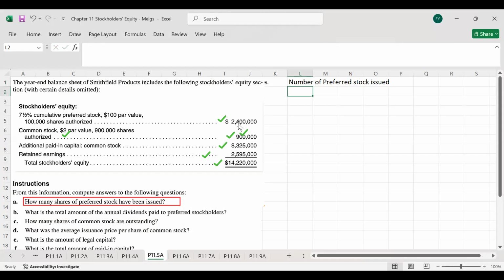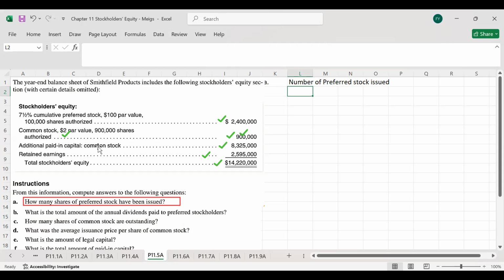So we can see that $2.4 million is the total paid in capital, and generally preferred shares are issued at par value, so par value you can see is $100, because this additional paid in capital represents only common stock.